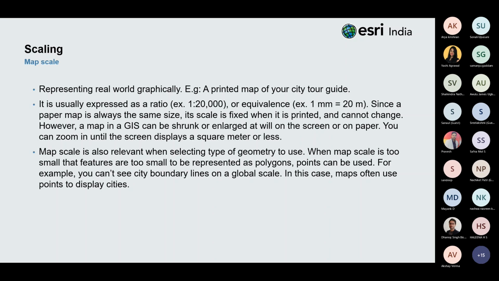It is usually expressed as a ratio. For example, maybe 1 is to 20,000 or 1 is to 2 lakhs, which in actual linear units is equivalent to approximately 1 millimeter on the map being equal to nearly 20 meters on the ground.